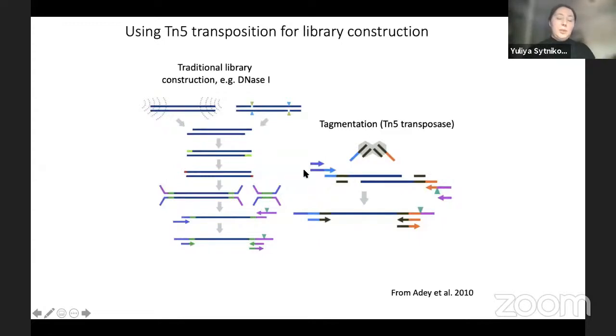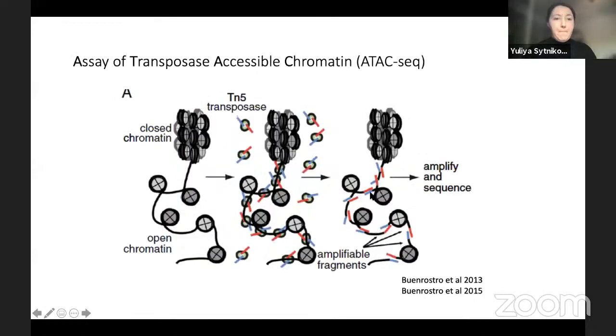For ATAC-seq, you incubate cells or chromatin with adapter-loaded transposase, and you get insertions proportional to chromatin accessibility. This method was developed by Jason Buenrostro in 2013, and since then it has been used in a number of areas.